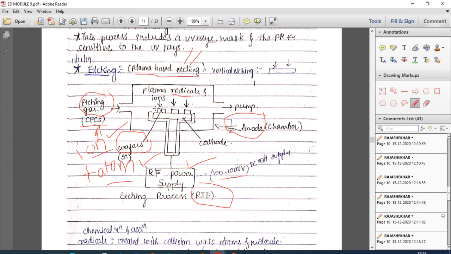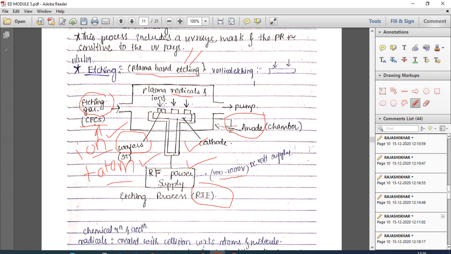I am repeating again what happens here. When I supply a 1000 volt DC voltage to the cathode tube and the etching gas is passed into this chamber, it reacts with the plasma radicals, which we call molecules, and the ions present in the etching gas. These ions, rich in electrons, accelerate because of the power of around 1000 volts.